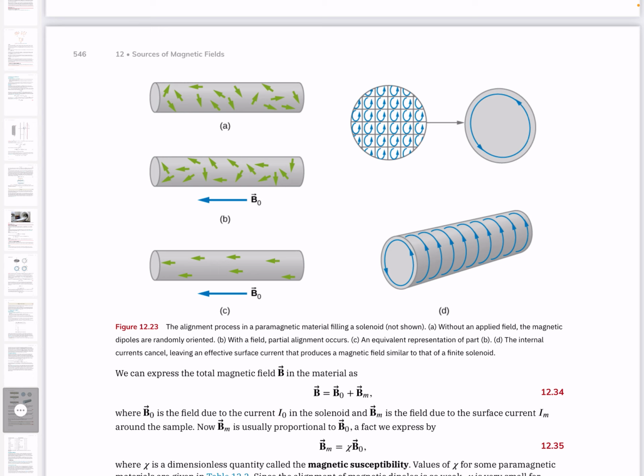And if you only add up what is on the outside of each of those circles, you'll get a net outside current on the right. Your current will be going around the outside of the material, and so that's where D comes from.